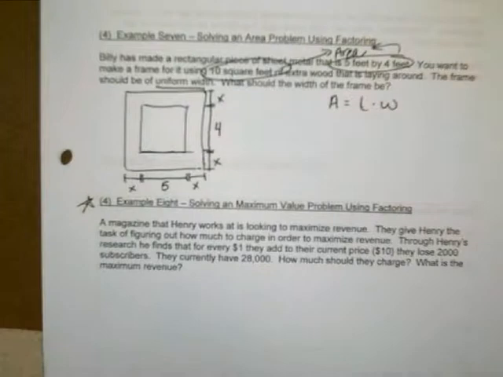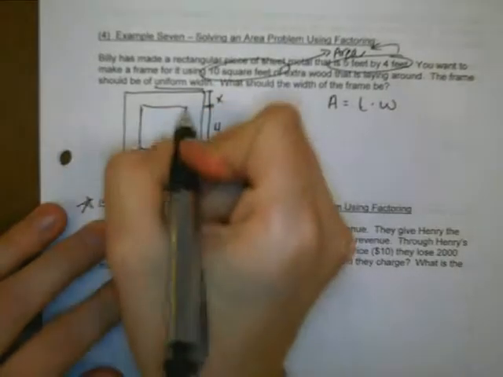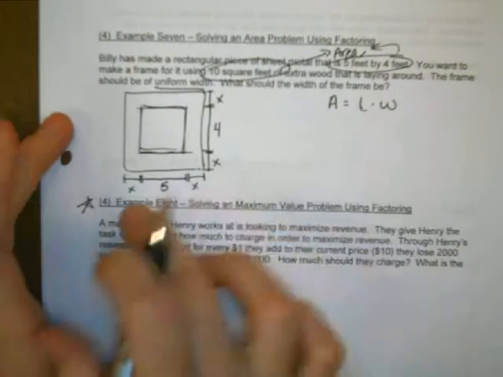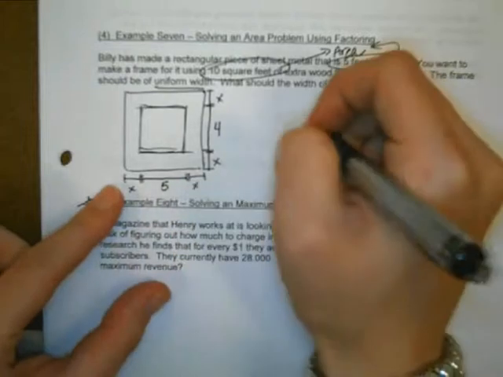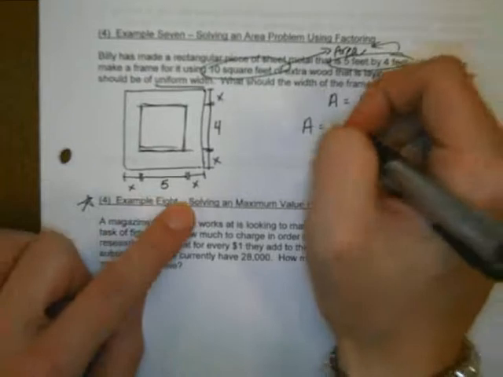Since we have a rectangular figure, I know the area of that figure is going to be length times width. We have two different pieces we're going to have to pay attention to, but let's look at the whole piece first. The length we can write as 5 plus 2x, or 2x plus 5.